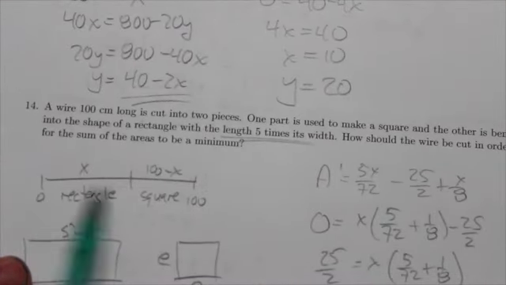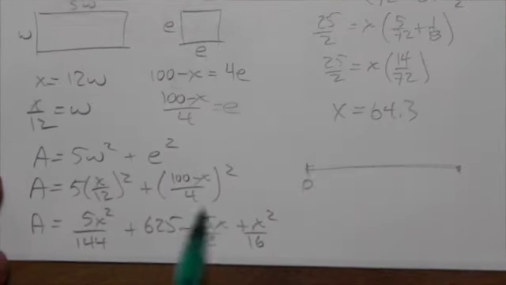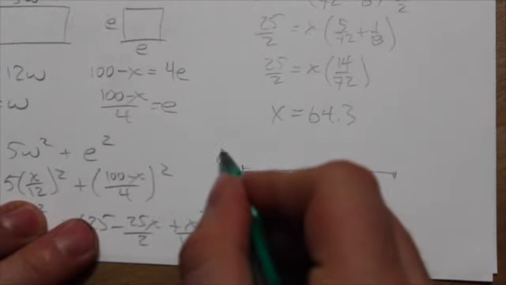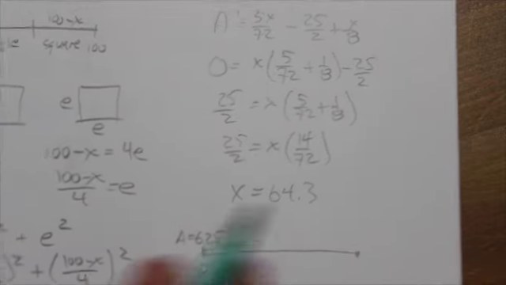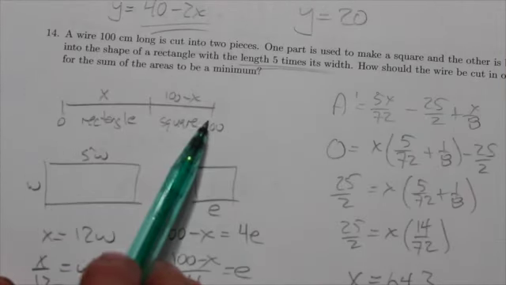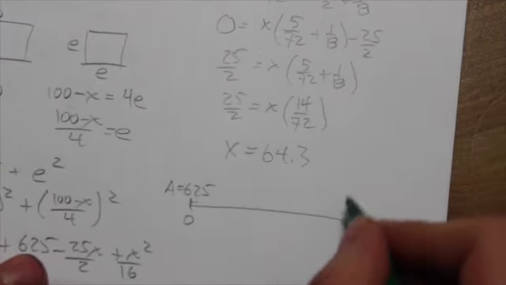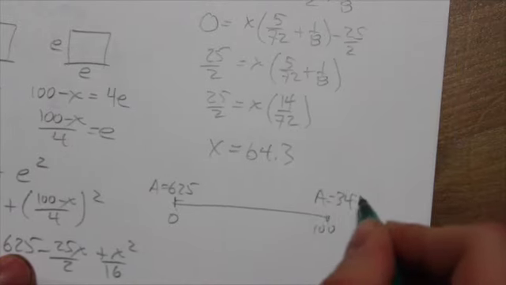If I make the amount that I dedicate to the rectangle equal to 0 and plug that into my expression, so if I make x equal to 0, I get that the area is 625. On the other hand, if I push everything up and make x equal to 100 so that there's no square, I just use the whole thing to make the rectangle, this makes the area equal to 347.2.